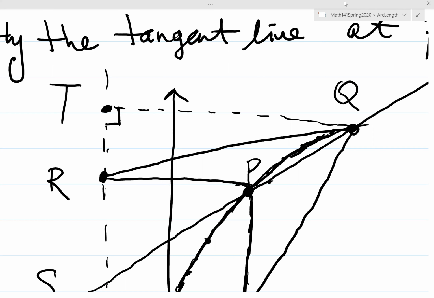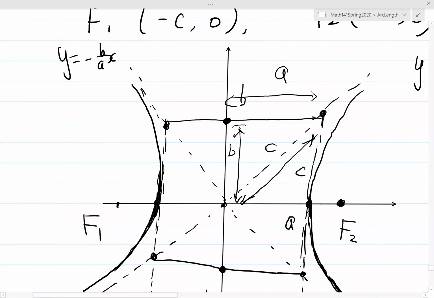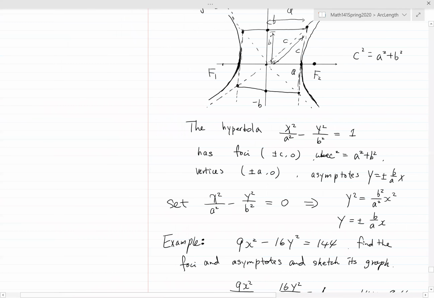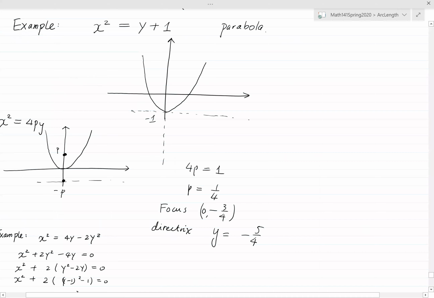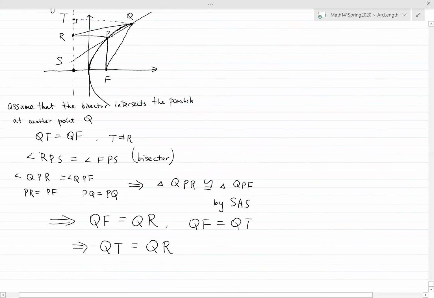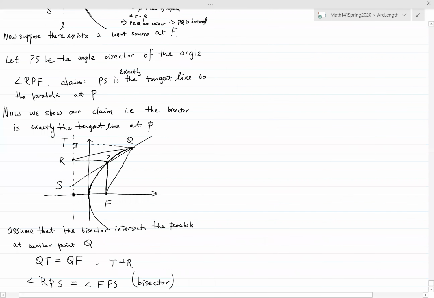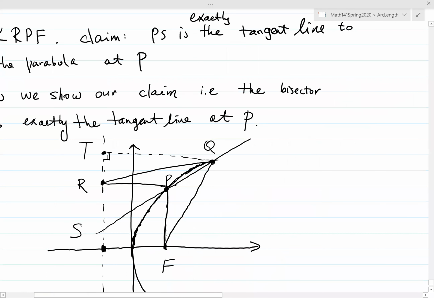From geometry, QTR is a right triangle, and QR is the hypotenuse. The hypotenuse is longer than any other side in a right triangle. So this is not possible.